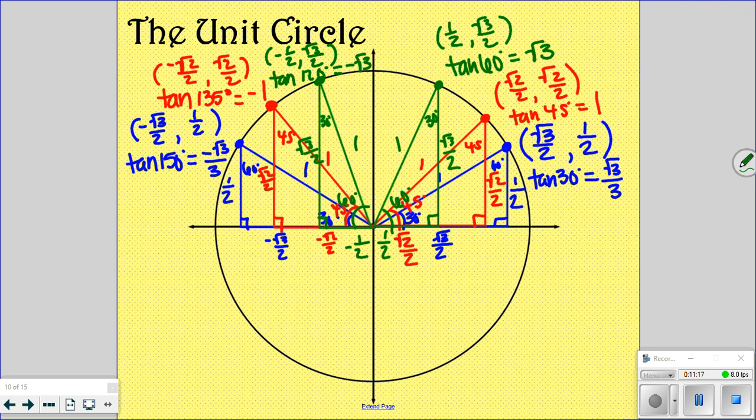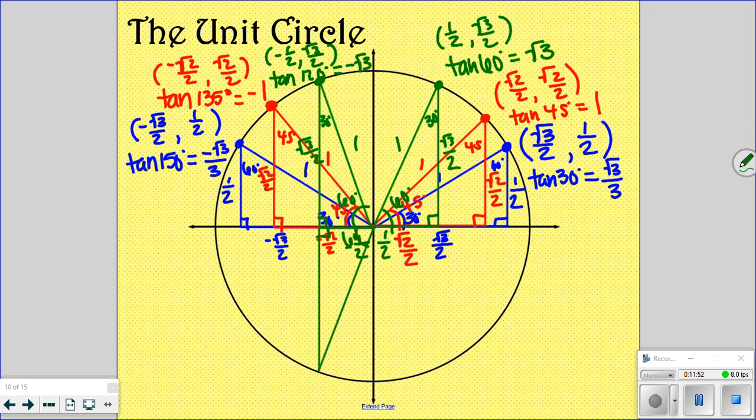Now we're going to end up doing the third and the fourth quadrants. Okay, so we'll do the green first, since we already have that color. So we'll make our triangle here. So this is a 60-degree angle right here.